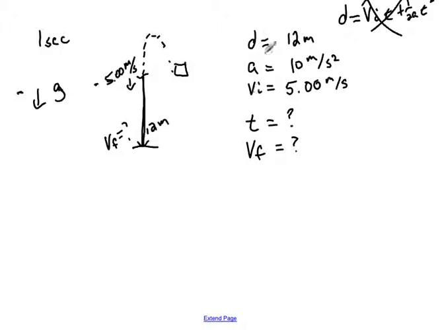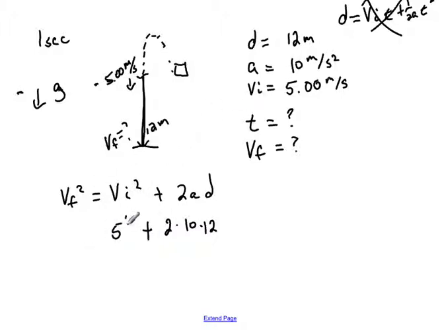Okay, so I can quickly show you. So now I'm going to solve for VF because it's going to make my life a lot easier. So I'm going to use the equation VF squared equals VI squared plus 2AD. Acceleration is 10. Distance is 12. We have a 2 here. VI is 5, so 5 squared.